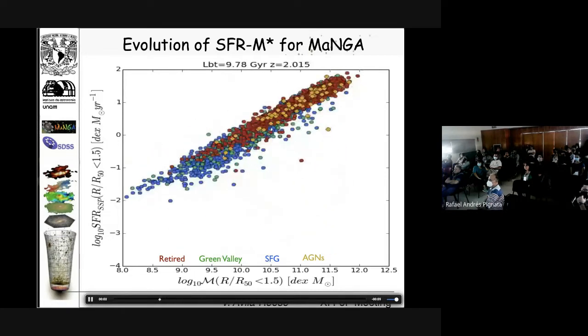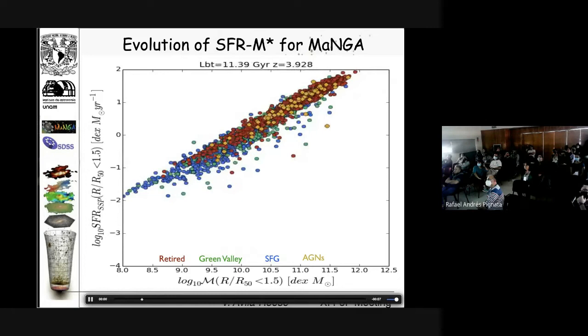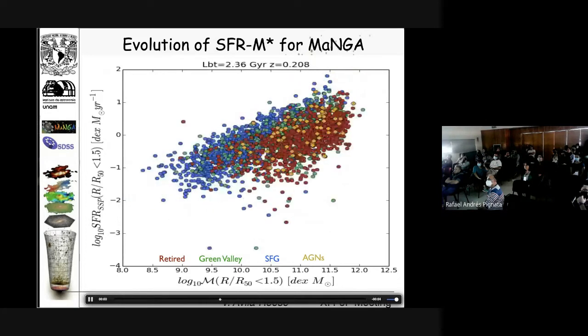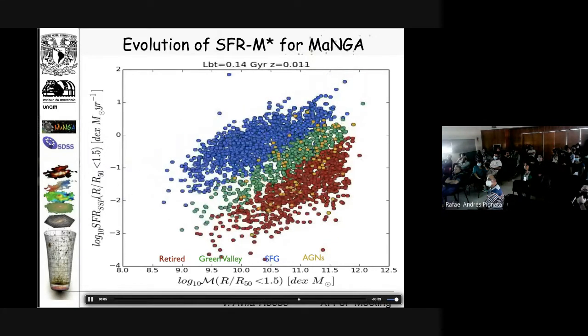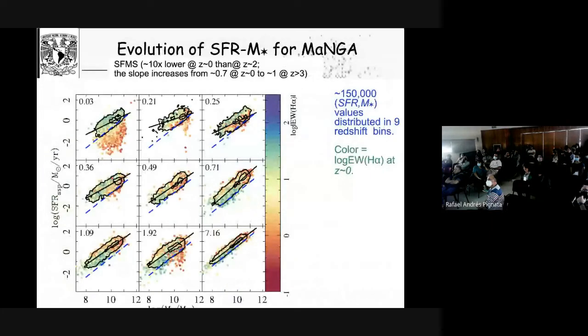So we have, redshift by redshift, this star formation rate versus stellar mass diagram for our MaNGA galaxies. Here I'm showing that. And we can see how the main sequence evolves from the present day to the past. Of course, the galaxies that are retired today were on the main sequence in the past.